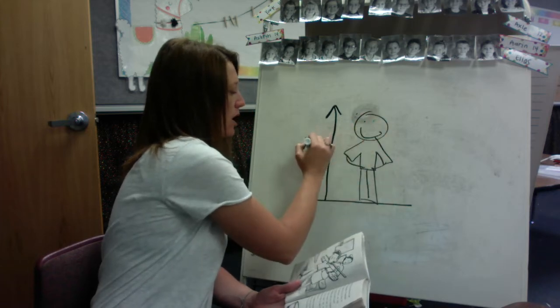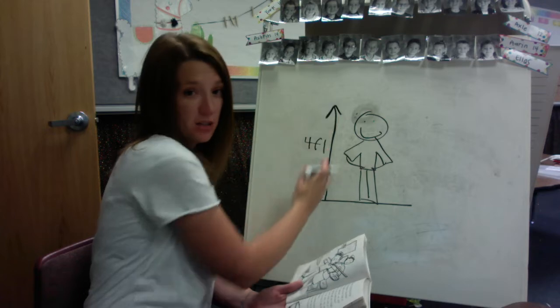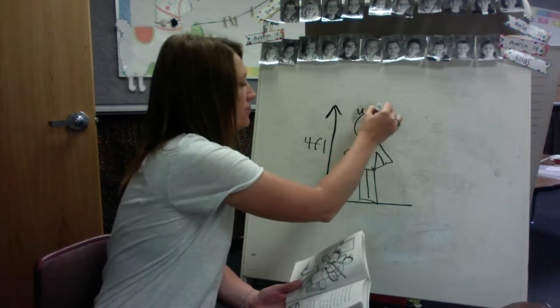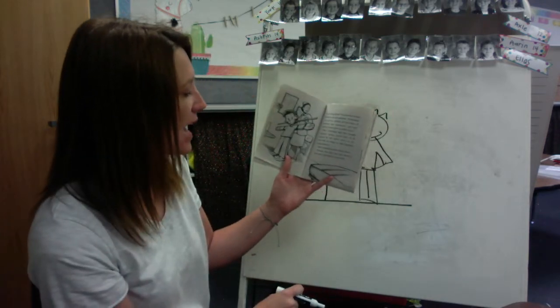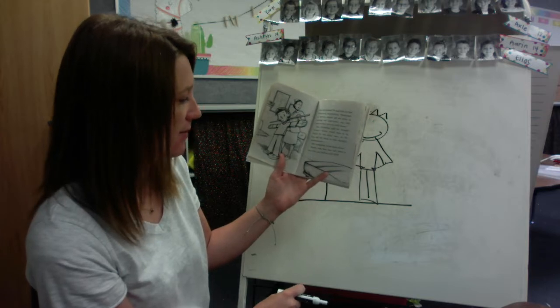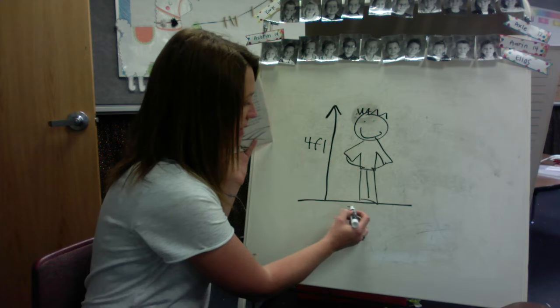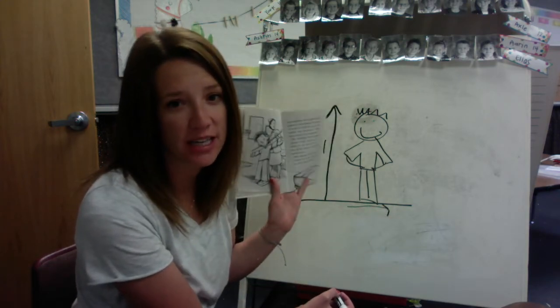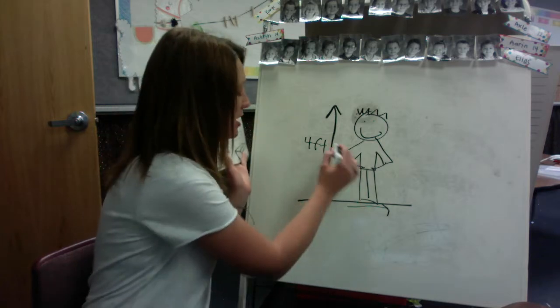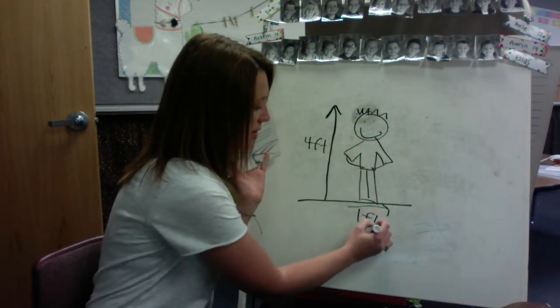He is 4 feet tall, okay? And about a foot wide and a half an inch thick. So this way right here, he's a foot. So 1 foot is 12 inches. So we'll just put 1 foot.